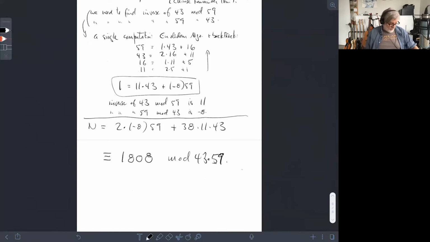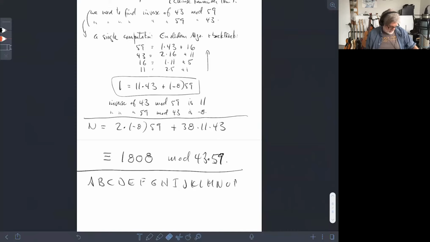And so if you look at the letters now, let's write the letters like this. A, B, C, D, E, F, G, H, I, L, M, N, O, P, Q, R, S. This is 0, 1, 2, 3, 4, 5, 6, 7, 8, 9, 10, 11, 12, 13, 14, 15, 16, 17, 18.